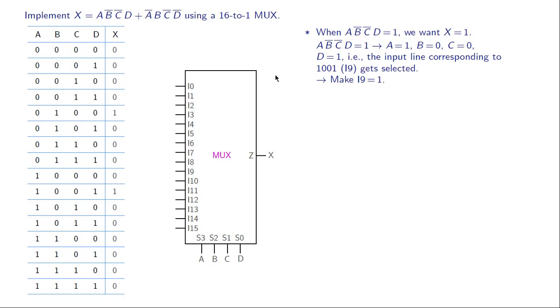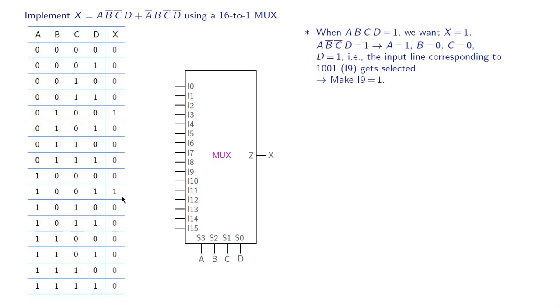Okay, let us look at the minterms in our function. The first minterm is A, B bar, C bar, D, and when that is equal to 1, we want x to be equal to 1. That means when A is 1, B is 0, C is 0, and D is 1, we want the output to be equal to 1. That entry is right here.